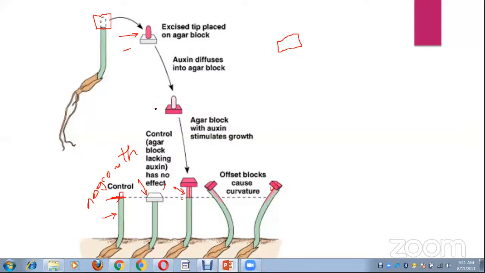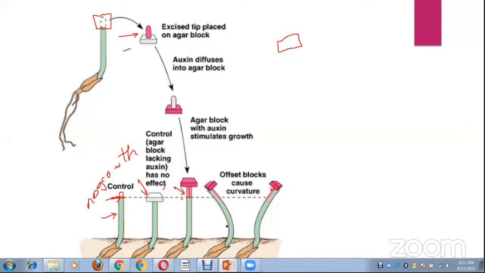And this is in the second picture here. The hormones, which we are calling auxins, moved from the tip into the block. The block was placed, you can see they diffused down and they made it elongate upward.